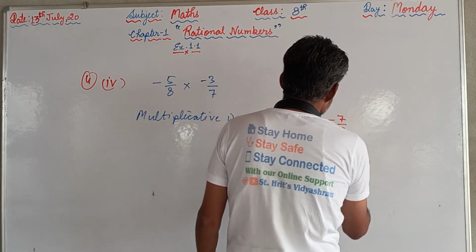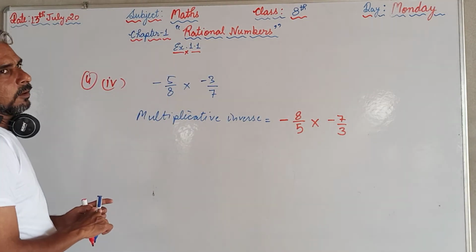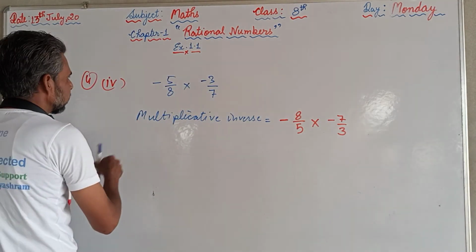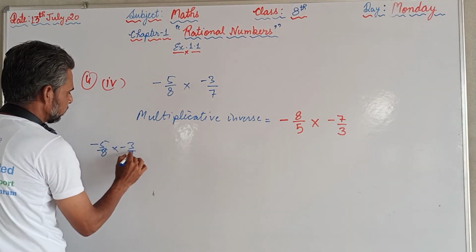If we want to verify that, first of all we can calculate minus 5 upon 8 into minus 3 upon 7.